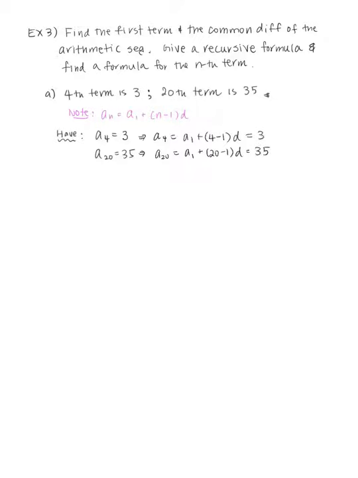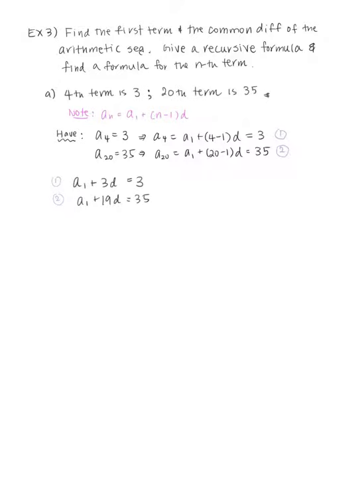For organization purposes, let me call the first equation 1 and the second equation 2. Now I'm going to simplify equations 1 and 2 and stack them together. So equation 1 is a sub 1 plus 3d equals 3, and equation 2 is a sub 1 plus 19d equals 35.